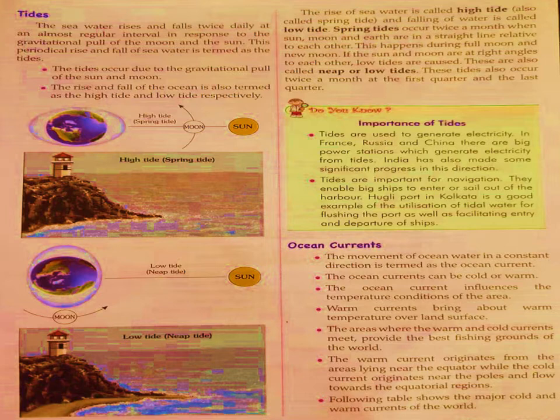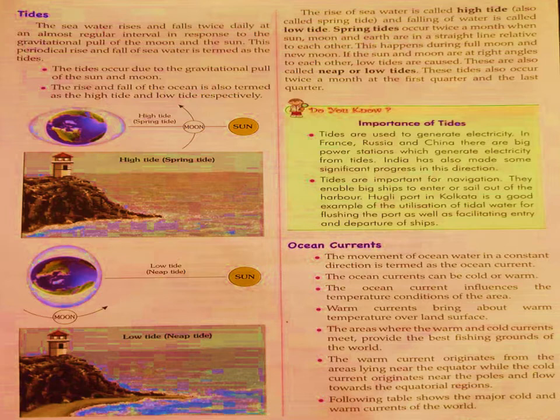Now when the sun and moon are at right angle to each other, as you can see in the second picture, then low tides occur. You can see in the second picture sun and moon making a right angle, and when this alignment is there, you can see low tide or neap tide, and this also occurs twice a month, at the first quarter and last quarter.